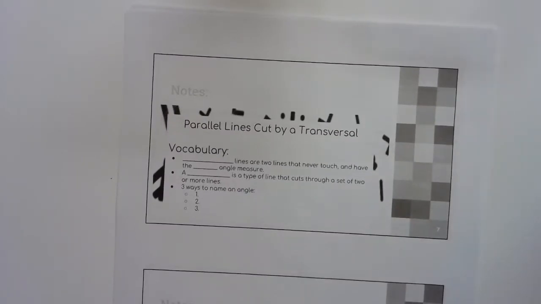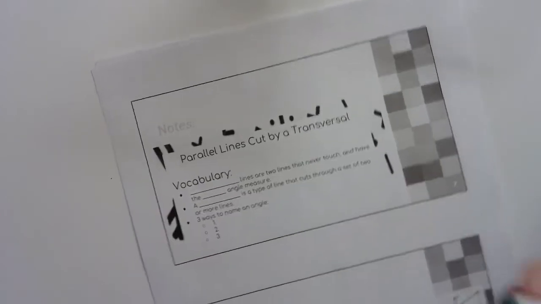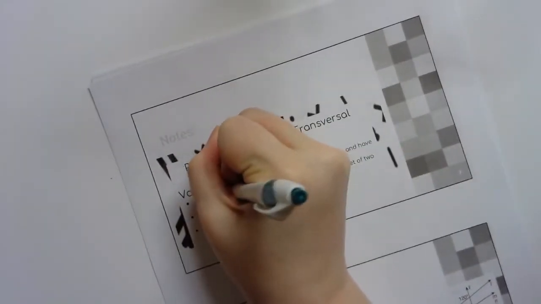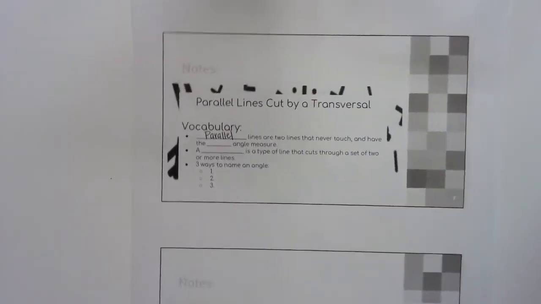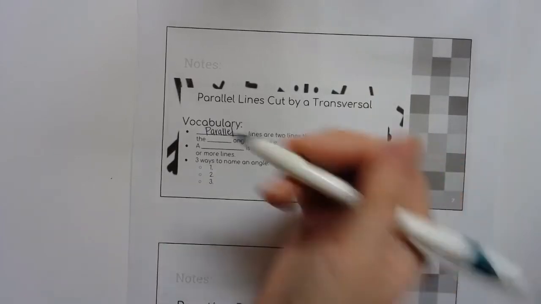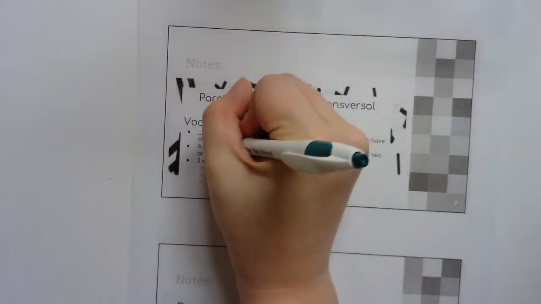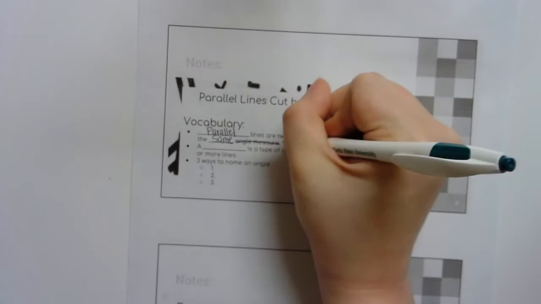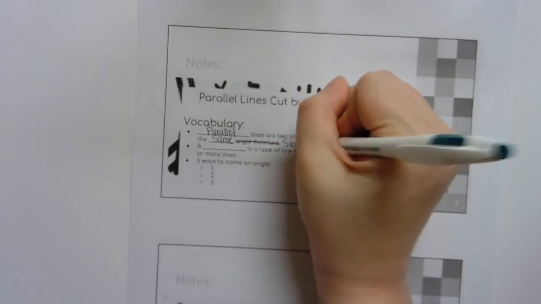So we learned Friday that parallel lines are two lines that never touch and have the same, and we're going to change where it says angle measure to slope, and have the same slope.